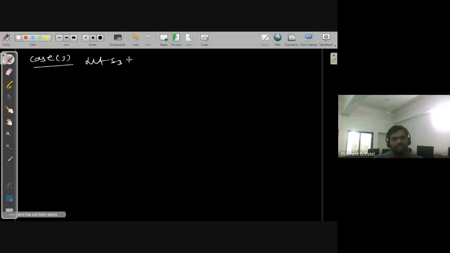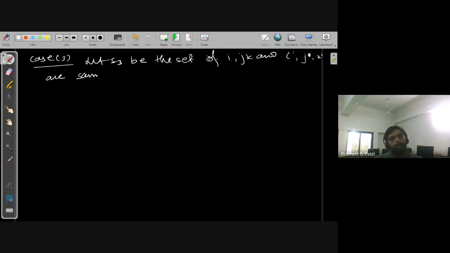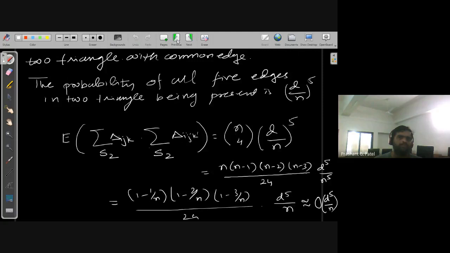Let S3 be the set of I, J, K and I dash, J dash, K dash that are the same, where I dash means the case number.